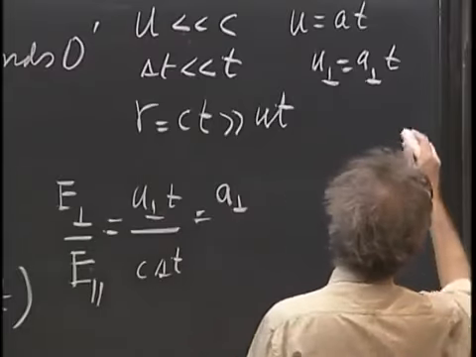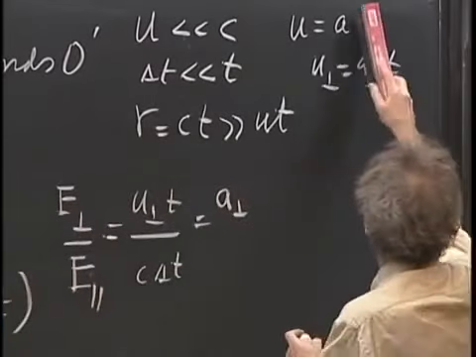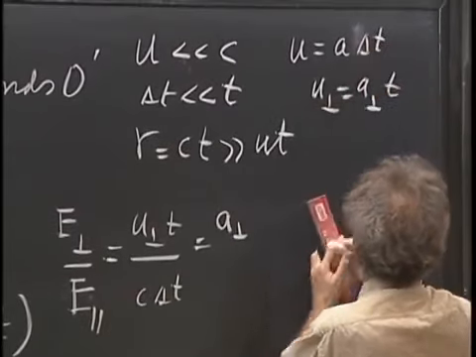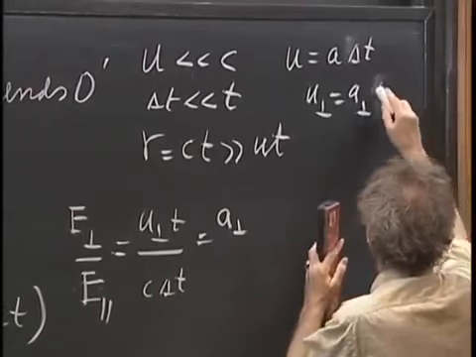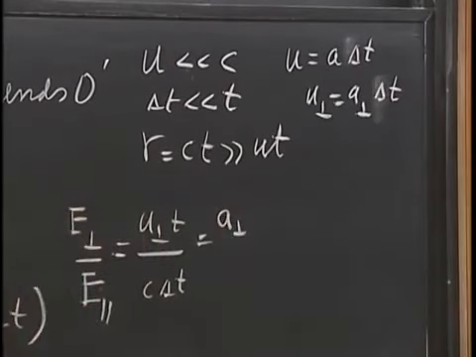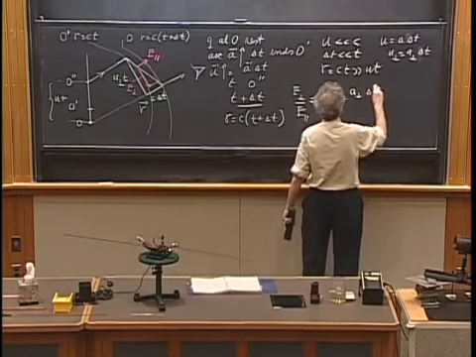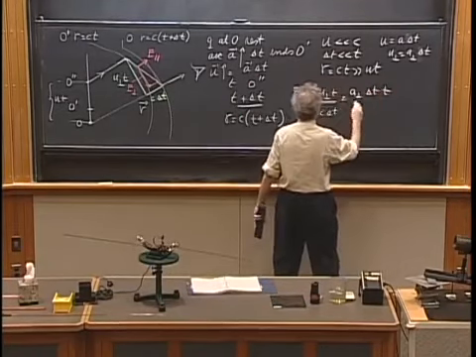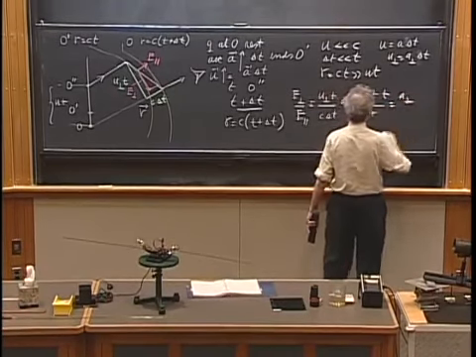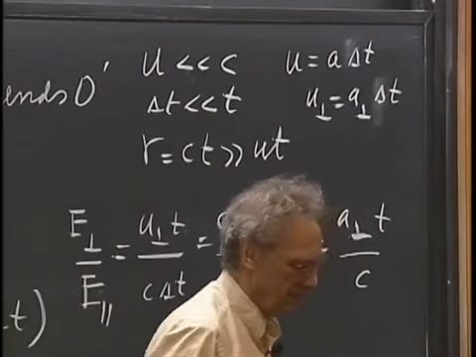Sorry, this is a perpendicular times delta t. You guys should have screamed, because the acceleration only lasts for delta t seconds. Only delta t seconds. So now I get a perpendicular times delta t times t divided by c delta t. And so that is a perpendicular times t divided by c.